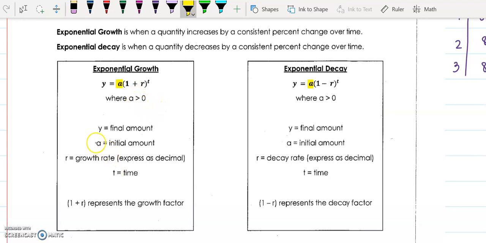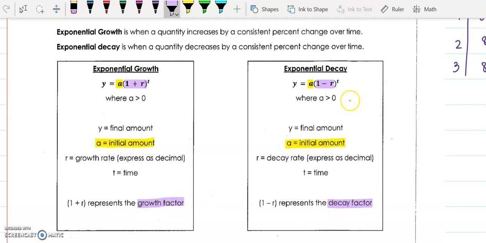So our A will be our initial amount for both growth and decay functions. And then our growth factor will be the entire base of our function. So whatever's inside of here, this whole thing, adding or subtracting some amount, will be our growth factor.